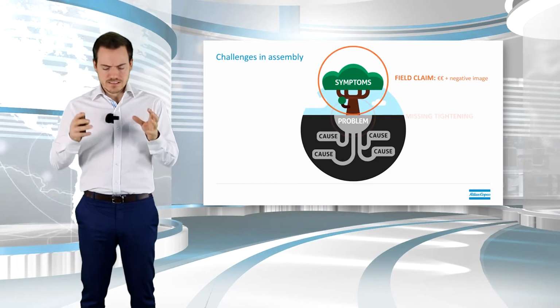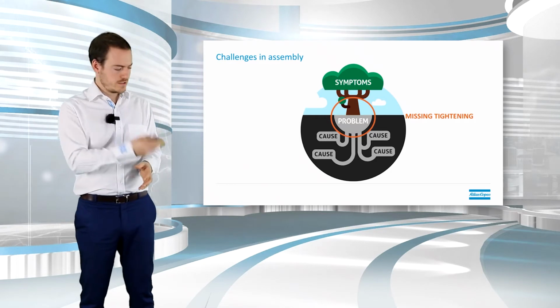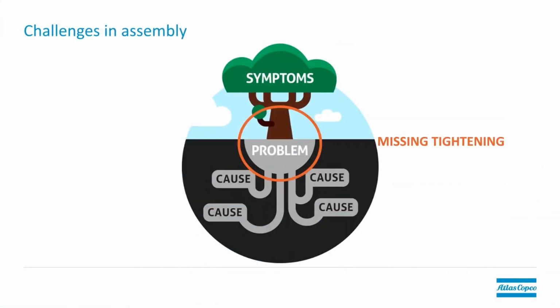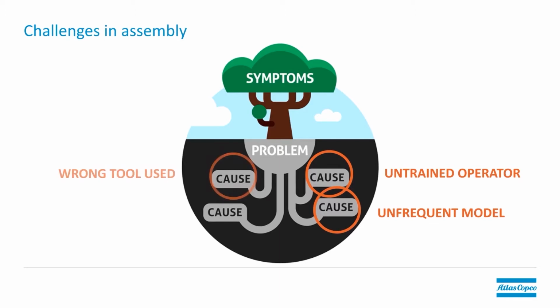Now, let's analyze this field claim. What was the problem? In this field claim, the problem was a missing tightening. For any reason, the customer will need to discover they had a missing tightening. So they start digging in and say, it could be caused by an untrained operator, or an infrequent model, so the operator got misled or confused, and simply forgot the tightening.